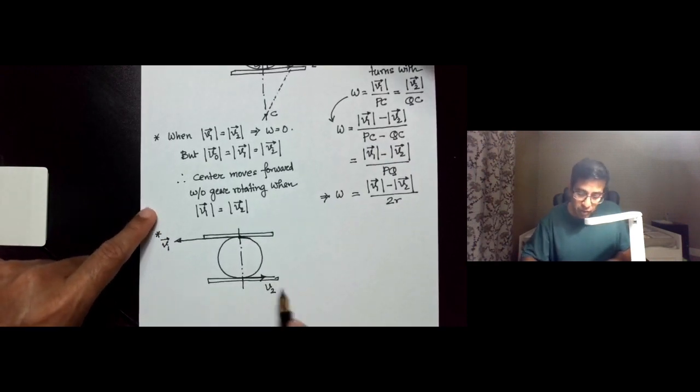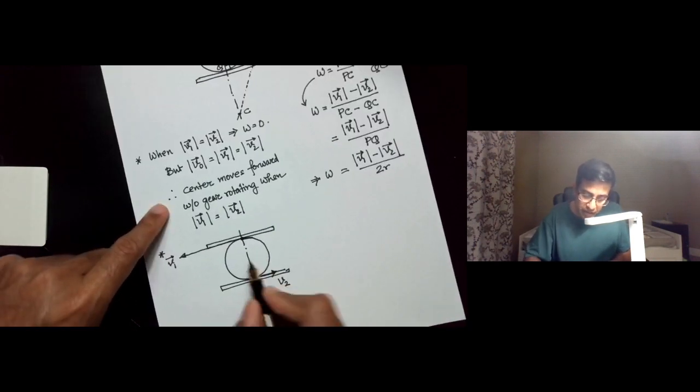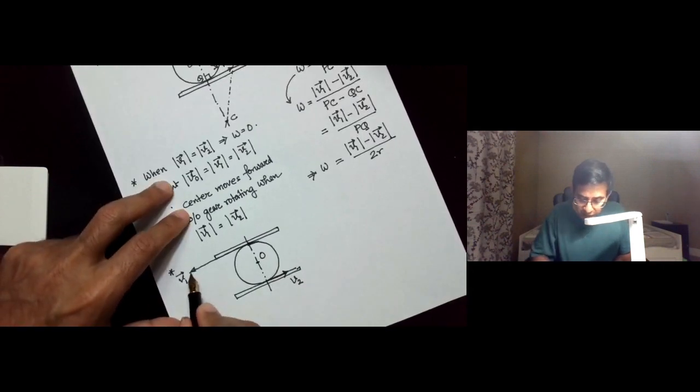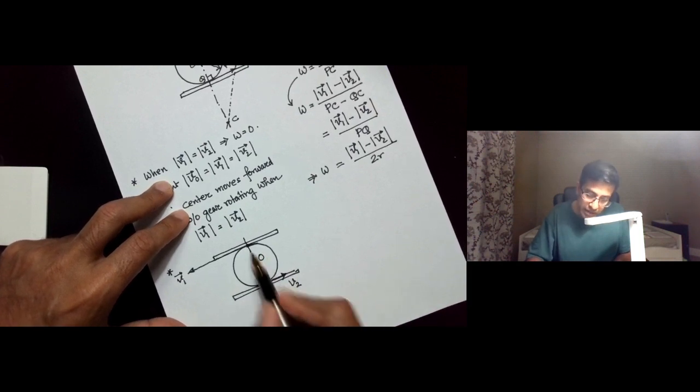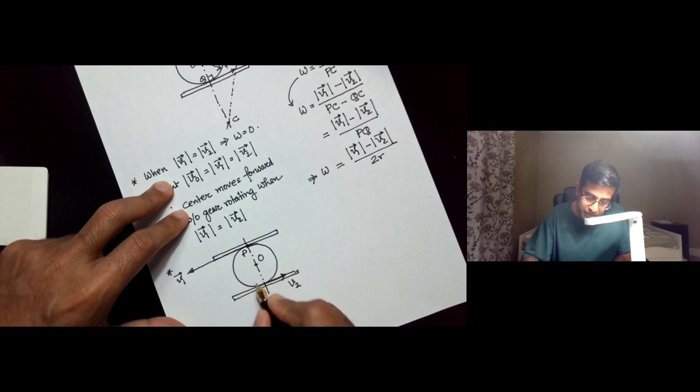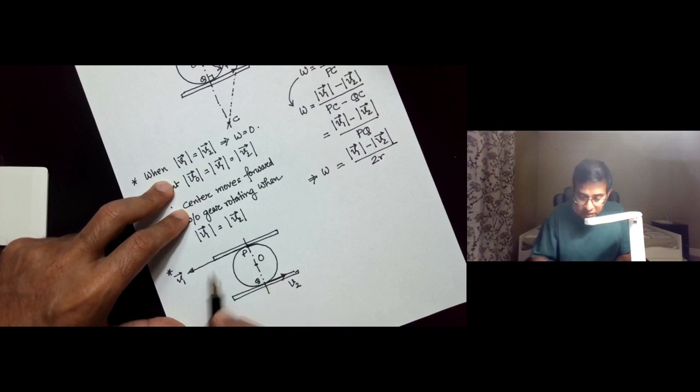Same thing happens over here. Let's say you have V1 here and V2 here. This is the center O. Again, we have two parallel velocities at two different points, P and Q, and the perpendiculars through those two velocities are the common perpendicular.